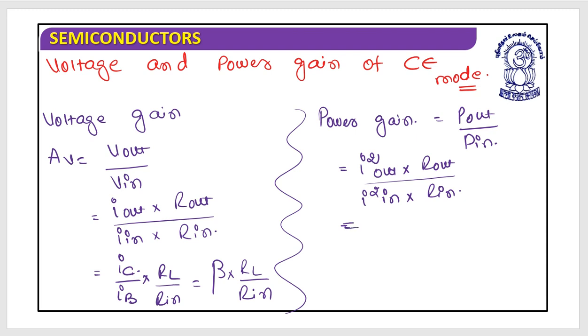So this equals I square out divided by I square in, multiplied by R out divided by R in. This is beta square multiplied by the load resistance divided by the input resistance. I hope this is clear.